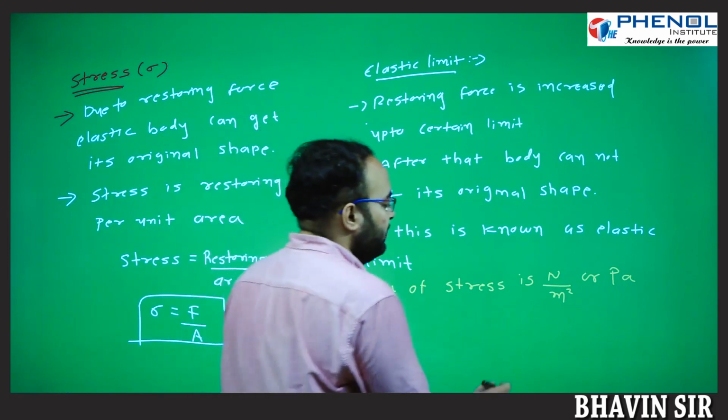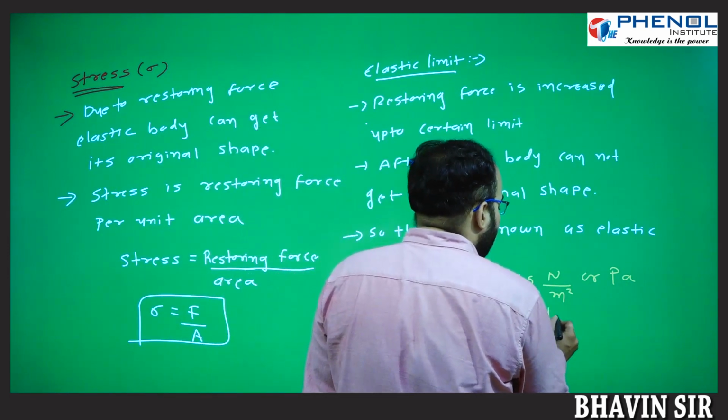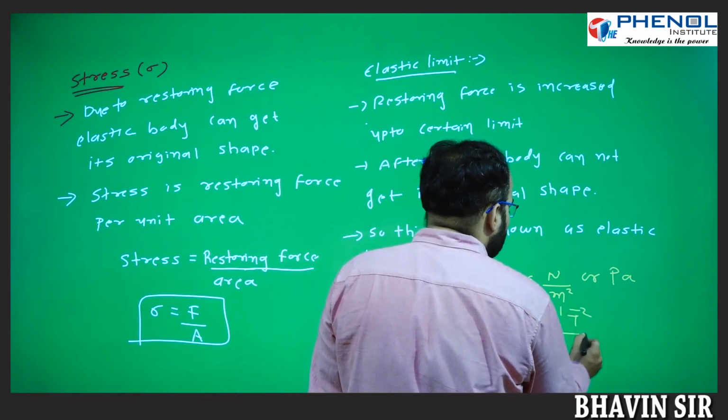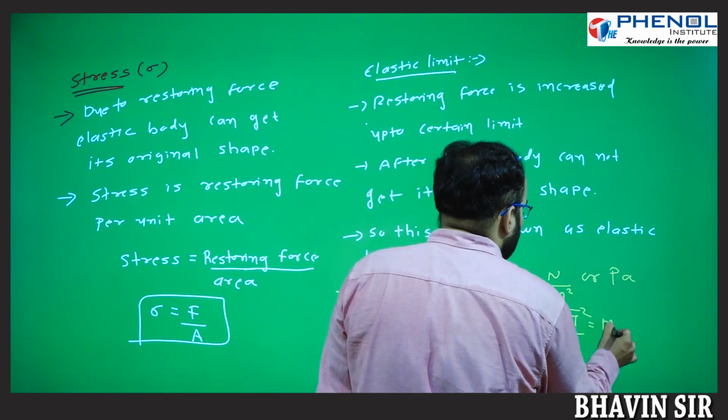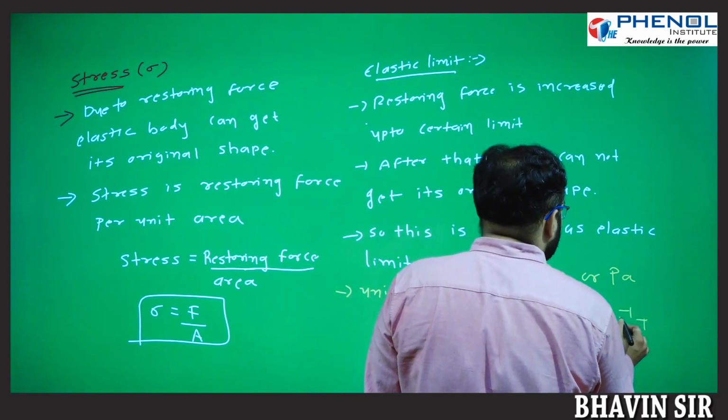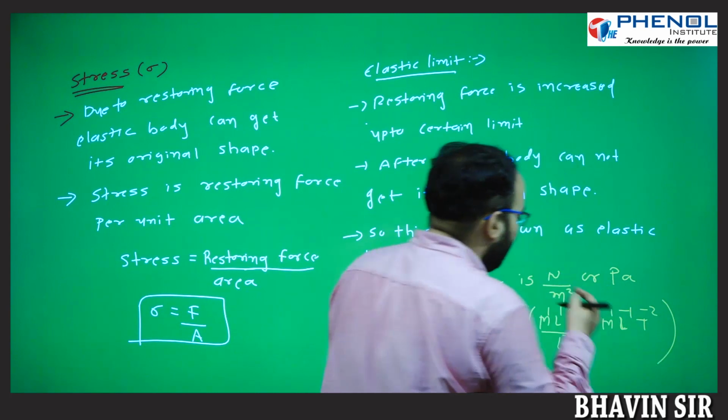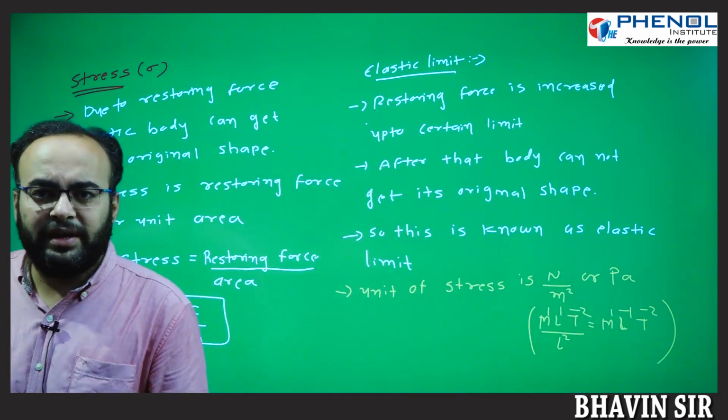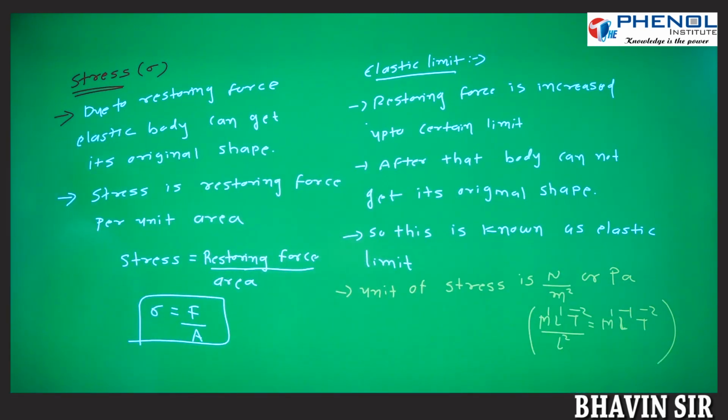Force is M1 L1 T minus 2, divided by L2, so M1 L minus 1 T minus 2. So the unit of stress is Newton per meter square or Pascal. So we discussed what? Elastic limit.